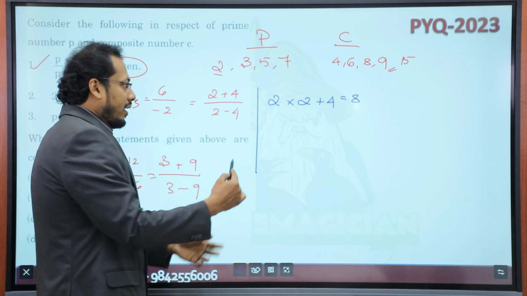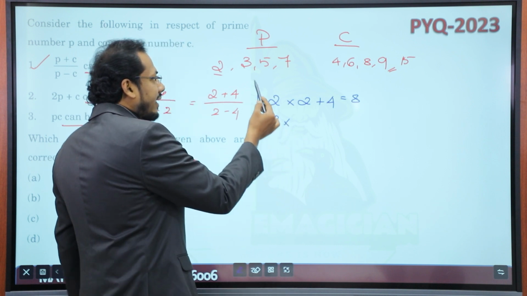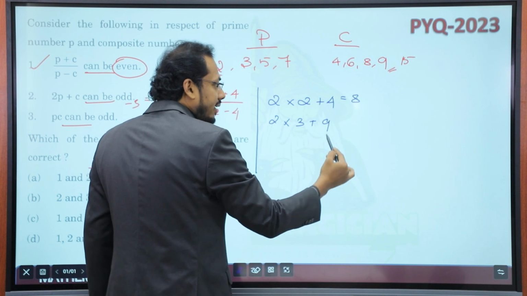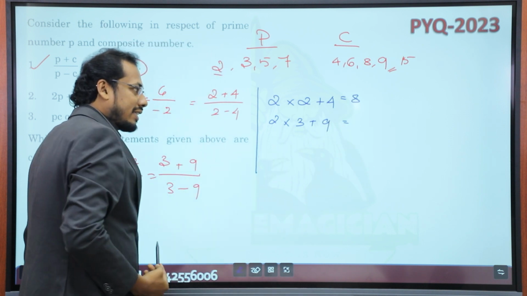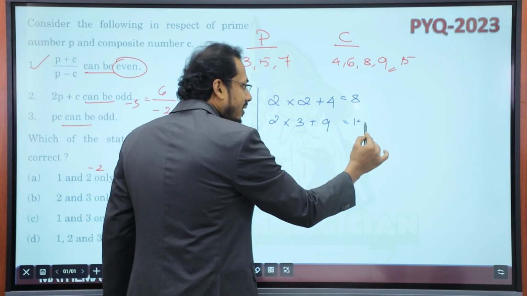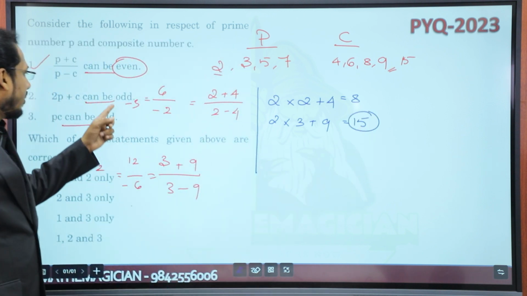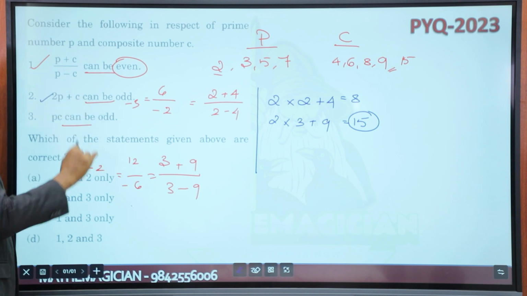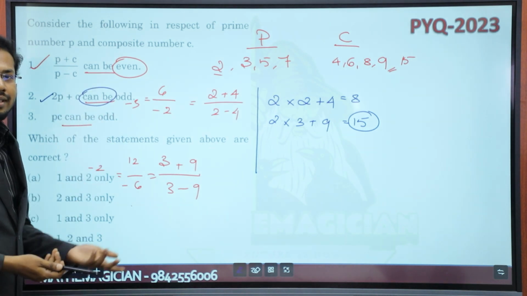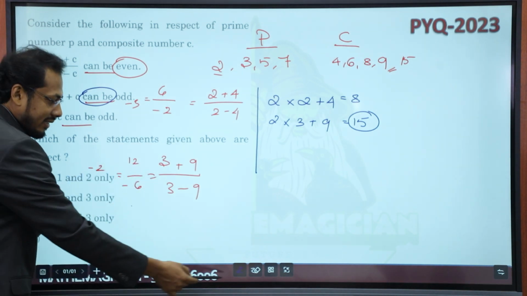Let's take a different combination, 2 into 3, an odd number, plus here also an odd number 9. That is equal to what? 3 into 2 is 6, 9 plus 6 is 15. Look at this, guys, I got an odd number. So this is also right, because it is can be. Any one number gives this answer, I can consider that, right?